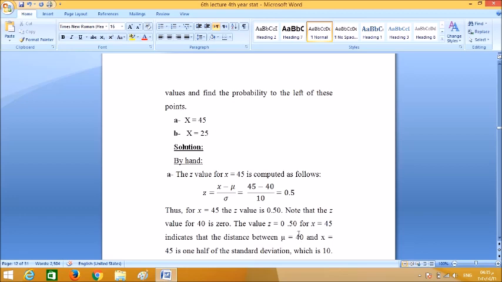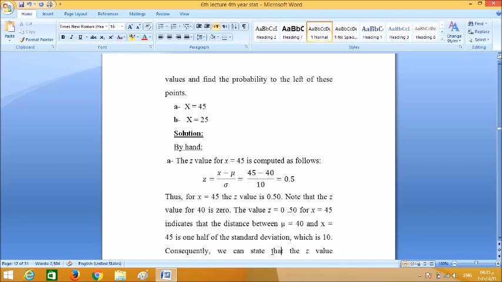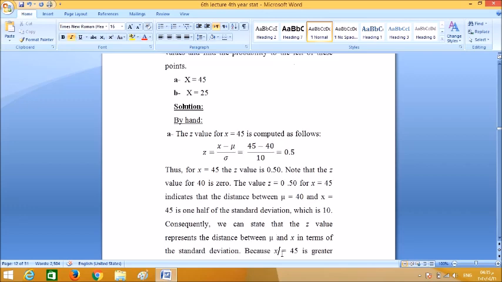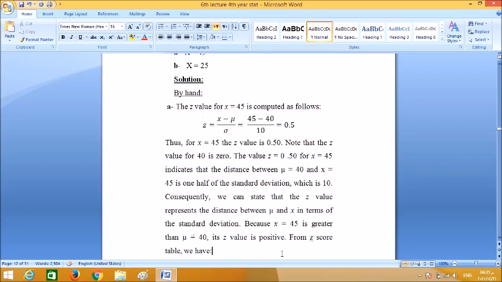The difference between 40 and 45 equals 5, and 5 divided by 10 equals 1/2. Consequently, we can state that the z value represents the distance between mu and x in terms of standard deviation.